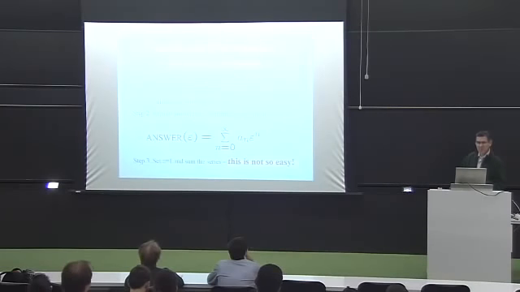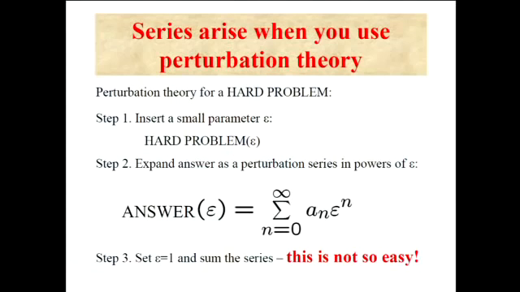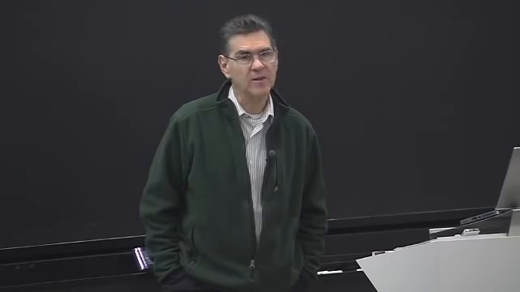Okay, so what I want to begin with is talking to you about perturbation theory. If you have a very hard problem to solve, in fact, let me put it this way. If you take most courses in undergraduate or graduate school, they tend to concentrate on problems that you can solve exactly.